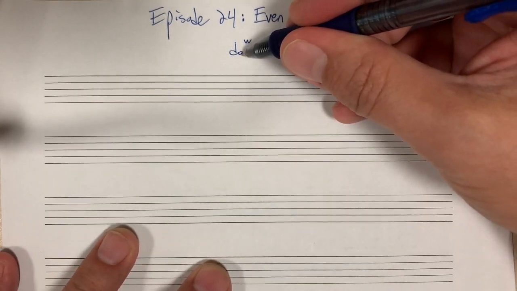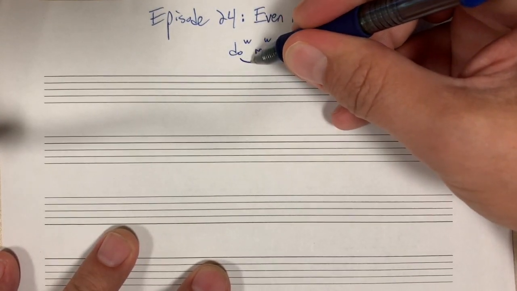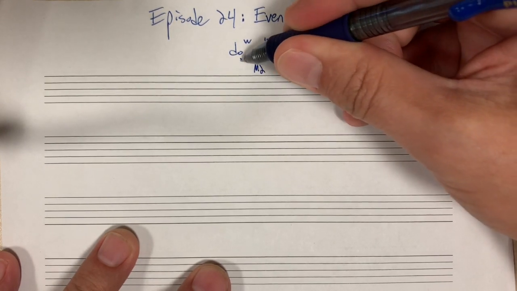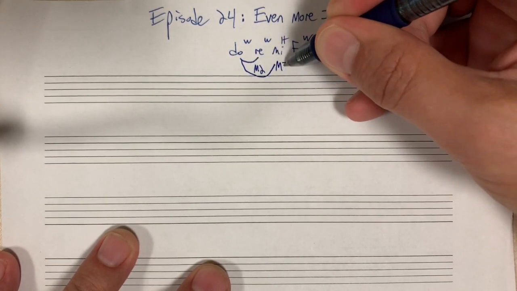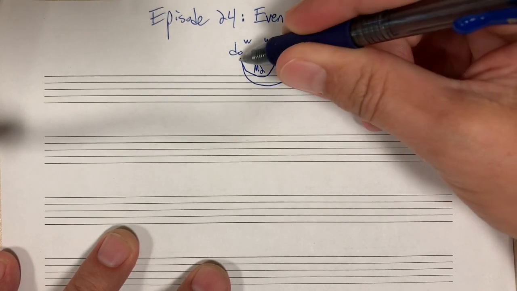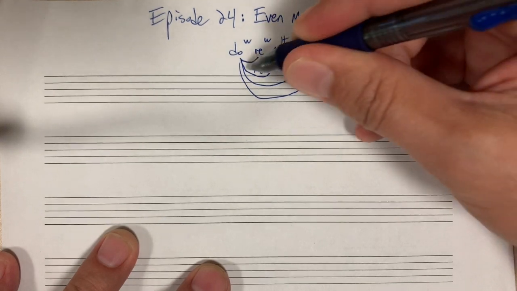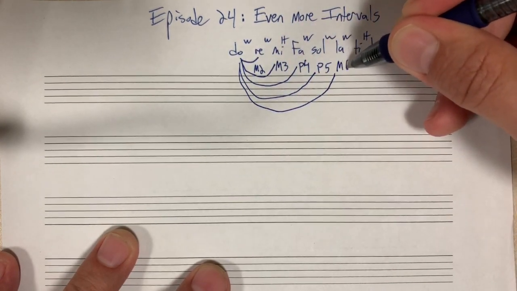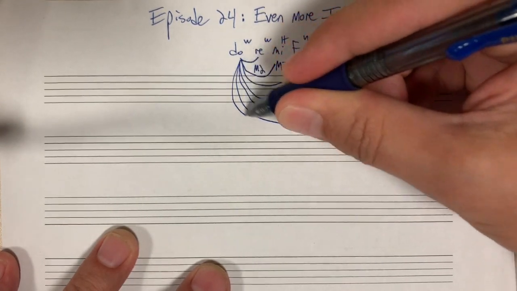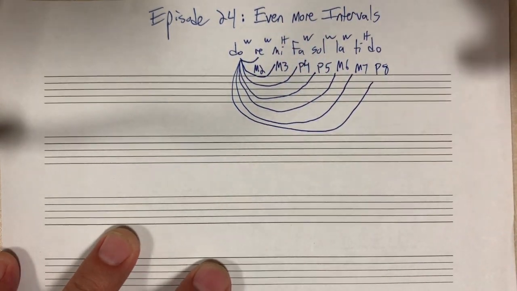And from the tonic of the scale, the do, every single interval is a major interval or a perfect interval. So you've got a major second, major third, perfect fourth, perfect fifth, major sixth to la, major seventh to ti, perfect octave to do.